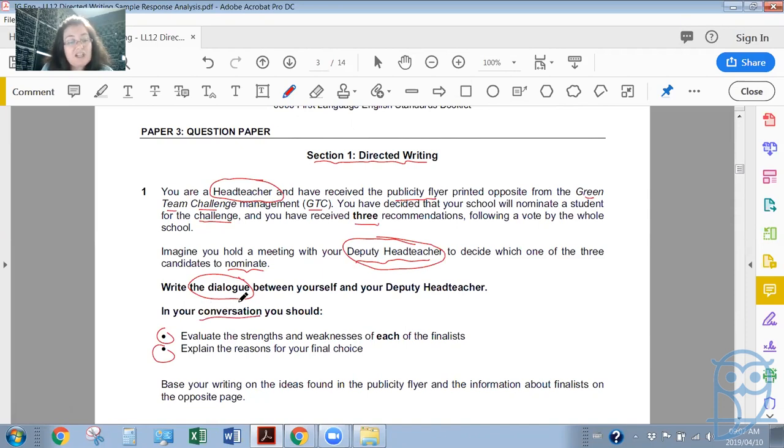In your conversation, in your dialogue, evaluate the strengths and weaknesses of each of the finalists. Explain the reasons for your final choice. So essentially, look at their strengths and weaknesses and then come to a choice and why you decided on that choice.